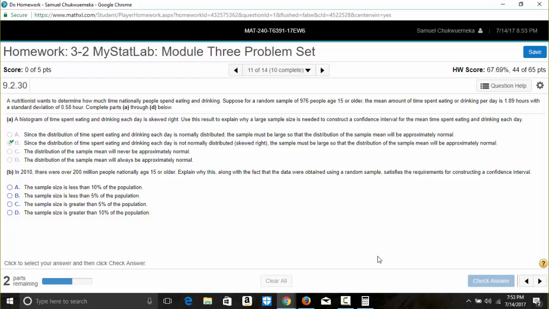Well, they told us to explain why it satisfies that requirement, so the requirement is already satisfied. One of the requirements is that the sample size should be less than 5% of the population. If you take 5% of 200 million, I'm sure 976 is less than 5% of that population.